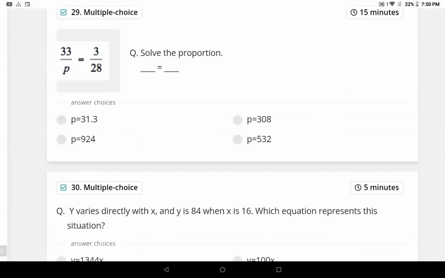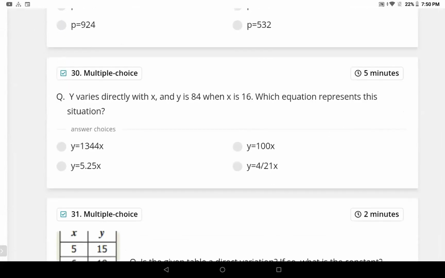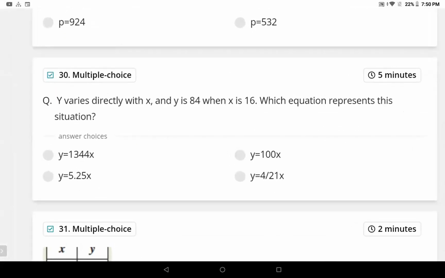Solve the proportion, you know this very well. And here y varies directly with x, and y is 84 when x is 16. It directly varies. So which equation represents this situation? 84 by 16 means we will get 5.25. So y equals 5.25x, children.